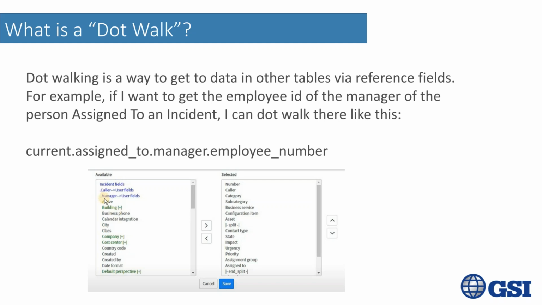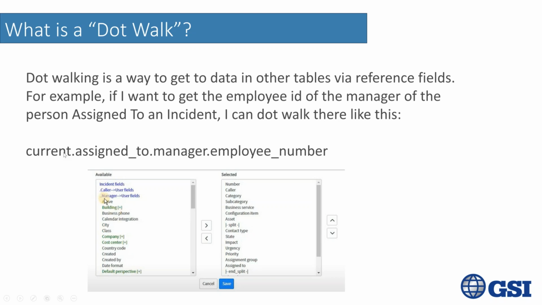Now, the actual data stored in there is a sys_id, but it allows you to go down a little breadcrumb trail of dots in order to get something like the employee number of the manager of the employee assigned to this particular incident. So you can state that in this simple way.